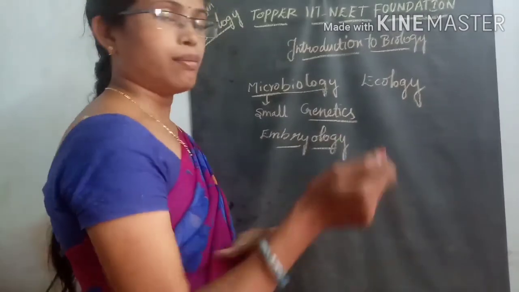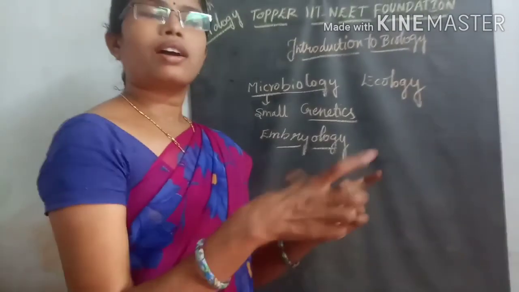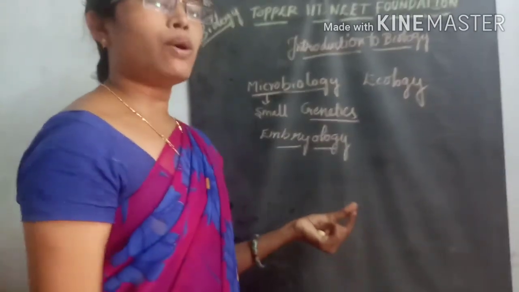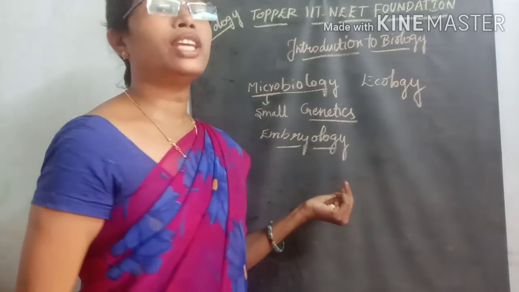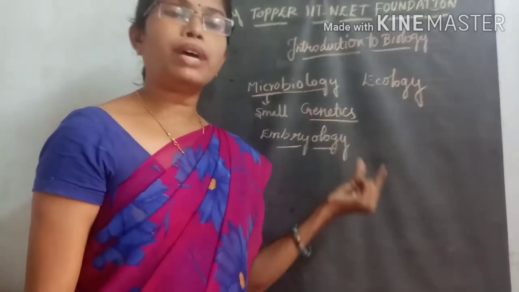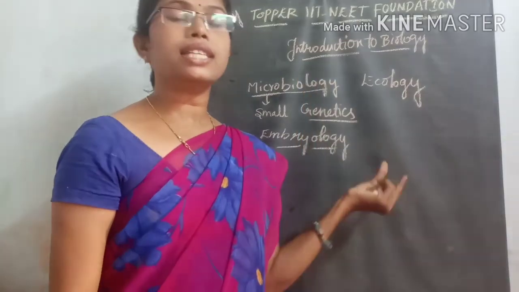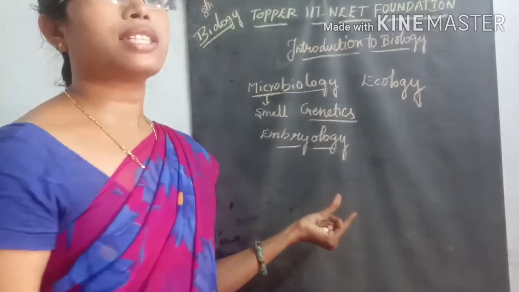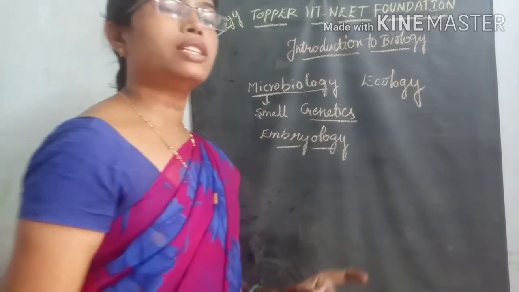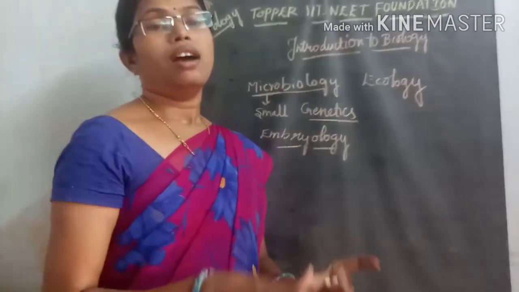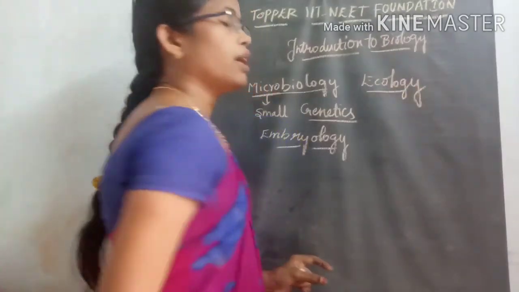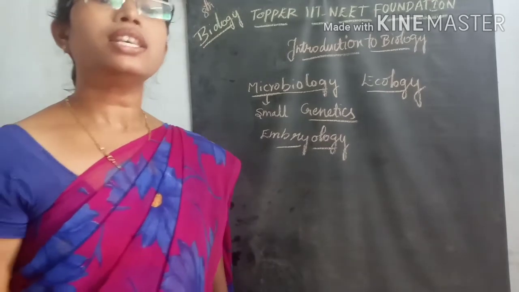We are all present in one environment. And in our surroundings there are also non-living materials: air, water, temperature, sunlight, and different factors. This interaction between the living and non-living environment surrounding the organism comes under ecology.